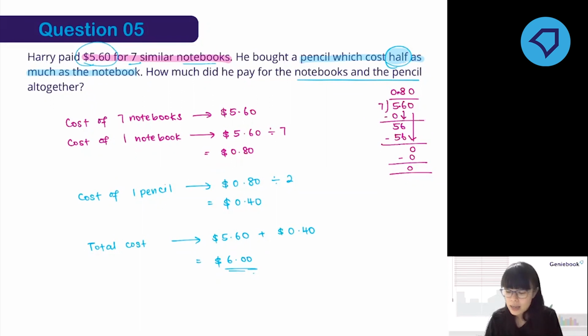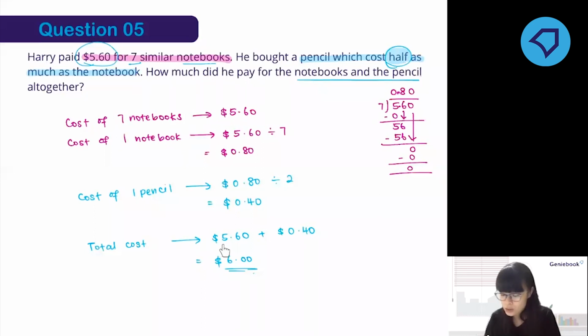Now, if one notebook costs 80 cents and the pencil costs half as much, half as much means we need to divide by 2. So the cost of one pencil would be 80 cents divided by 2, which is 40 cents. One pencil costs 40 cents. Now the question says how much did he pay altogether, meaning how much did he pay for 7 notebooks and a pencil.